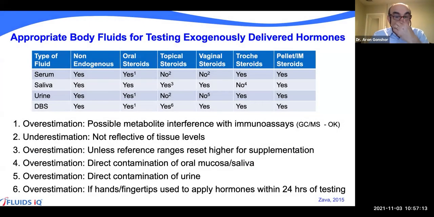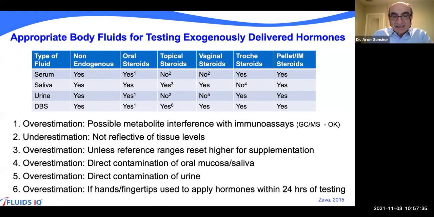I'm just going to show you here, by the way, that there's a beautiful series of tests that were done in a Zava article. He's the head of ZRT, and back in 2015, he put all of this together to show the appropriate body fluids for testing exogenously delivered hormones.